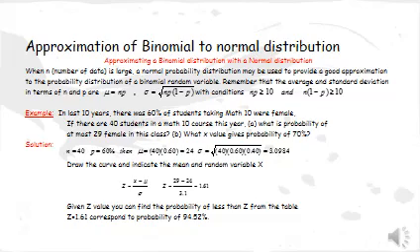So we know that n is 40, our probability is 60%, so mu is 40 times 60%, which is 0.6, to make 24, and sigma will come out to be 3.0984. Draw the curve and indicate the mean and random variable x.